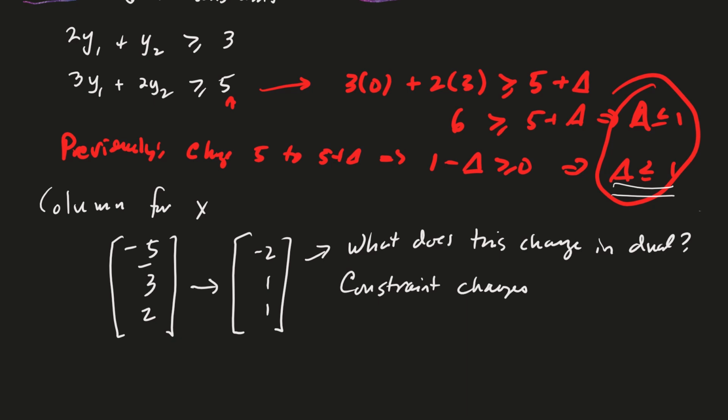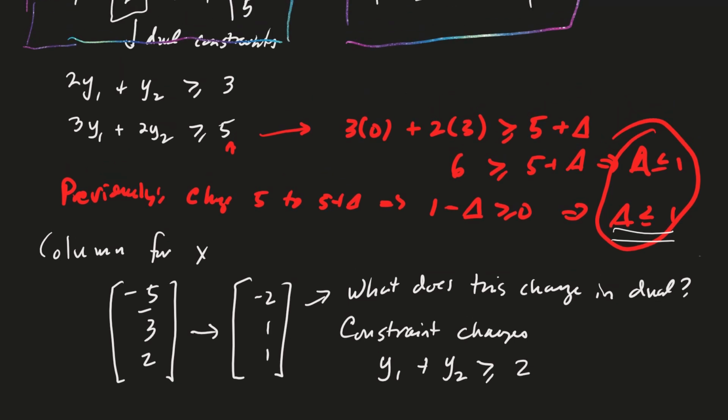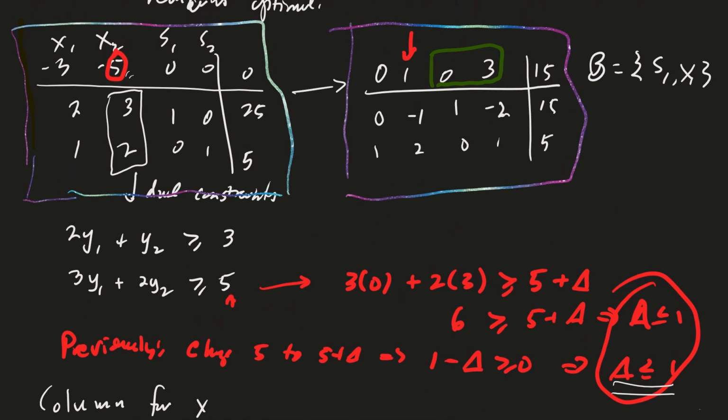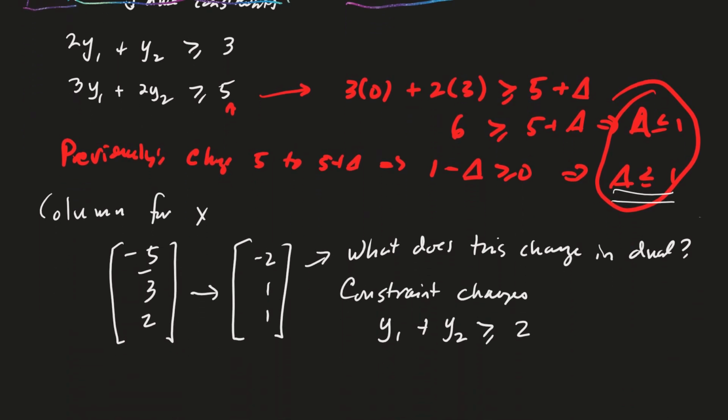Well, we want to see if y1 plus y2 is greater than or equal to 2. Good. Now, what is y1 and y2? We can go ahead and see if this constraint is satisfied. From our tableaus up here, I see y1 is equal to 0 and y2 is equal to 3. So y1 equals 0, y2 equals 3, and so we see that this is satisfied.